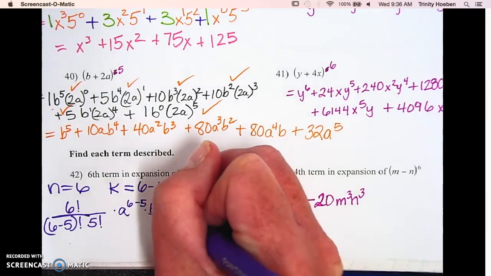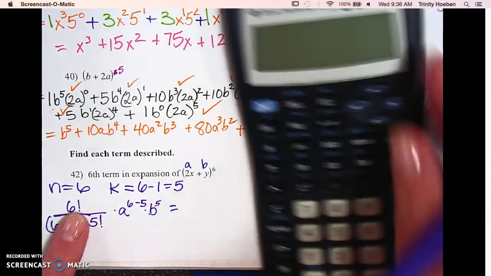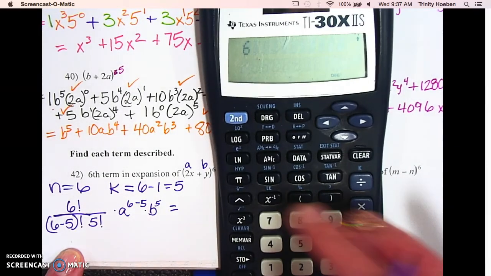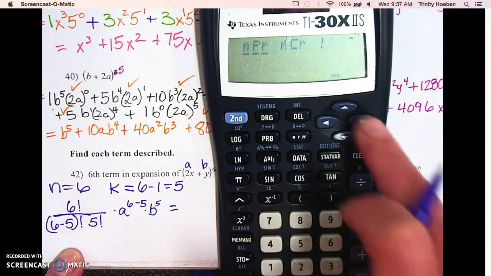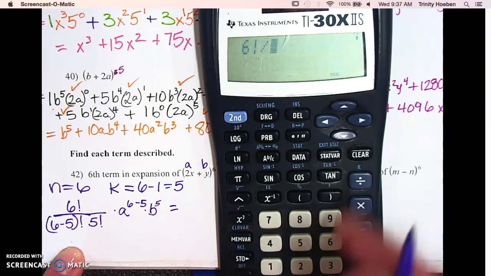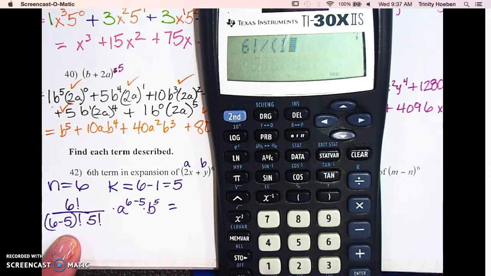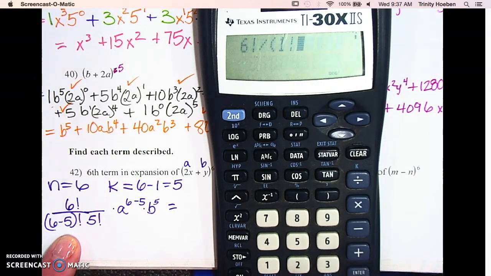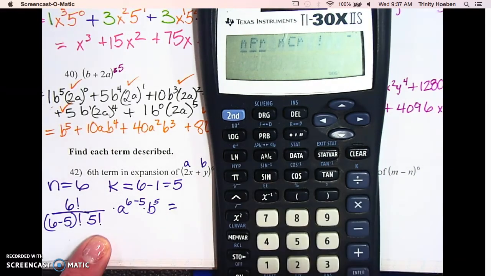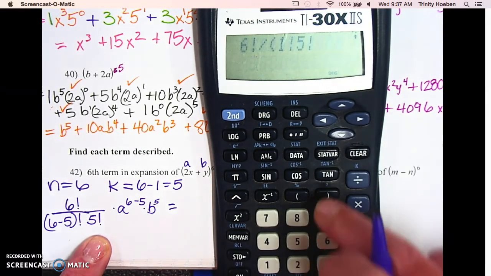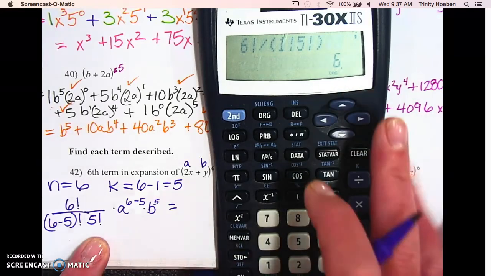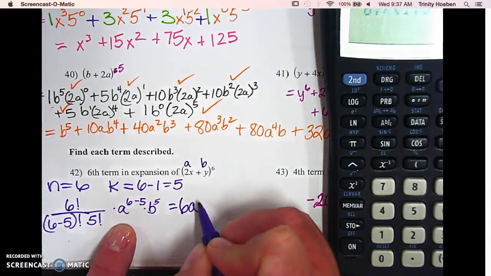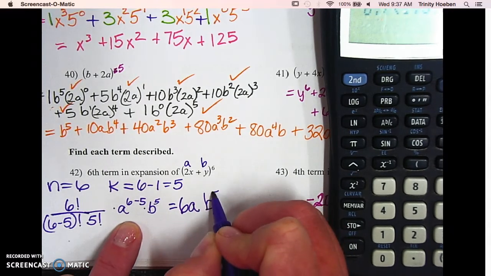So I'm going to simplify that on my calculator. 6 factorial, you're going to hit the 6, and then hit the probability button, arrow over to the factorial, divide that by 1 factorial, which is just 1, but I'm showing you how to type in the calculator because normally you won't just have a 1. 5 factorial, hit the equal sign, and you end up with 6. Nice and easy on that one. And then 6 minus 5 is 1, so the exponent is to the first, b to the 5th.